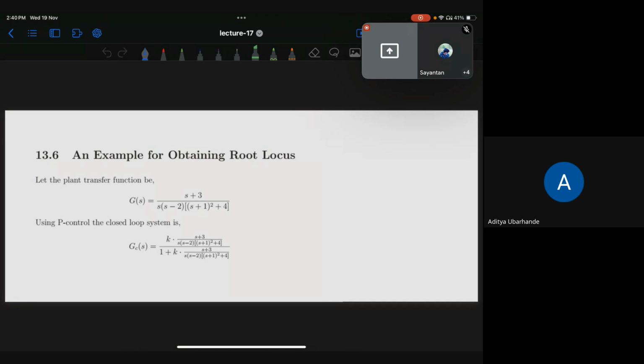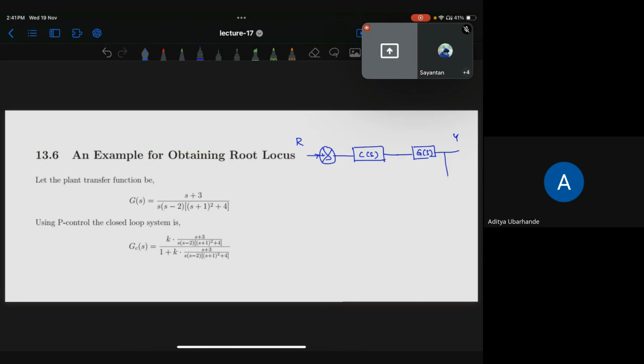Suppose you have a plant transfer function G(s) and a controller transfer function C(s), with output y, and here you have the summing point. The reference is r.